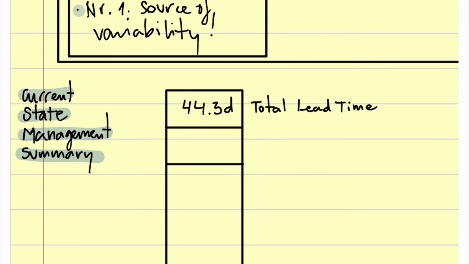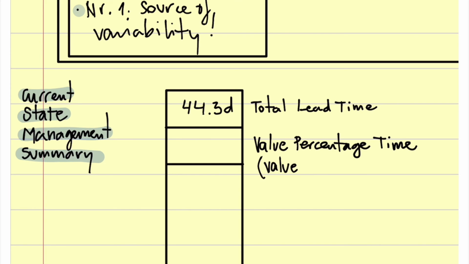Then we represent the percentage value time, which is the value creating to total time. We have seen this is 0.008%.